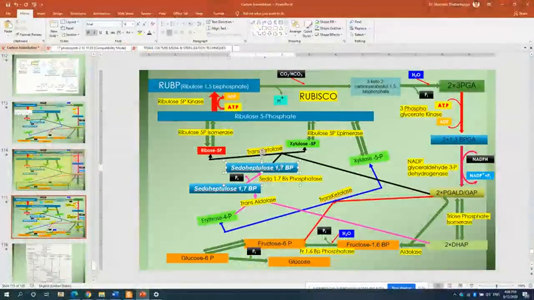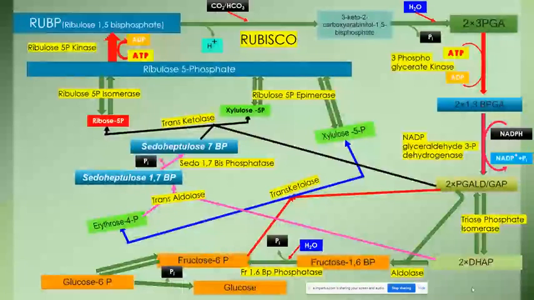This will be only 7-phosphate. Okay, so the first enzyme is Rubisco. After Rubisco, this is 3-phosphoglycerate kinase. Then NADP glyceraldehyde 3-phosphate dehydrogenase. Then this is the isomerase.